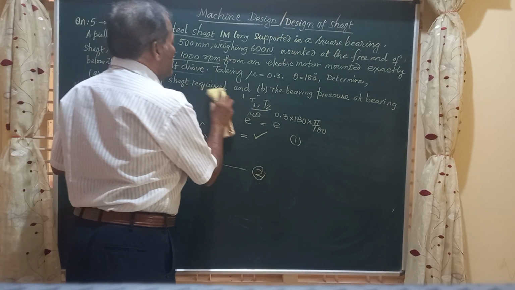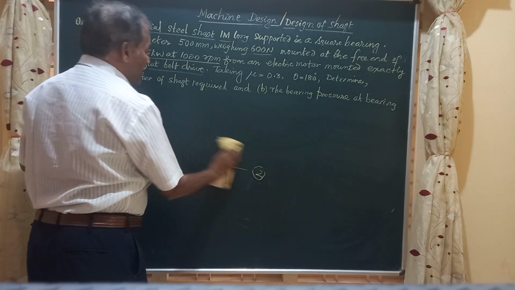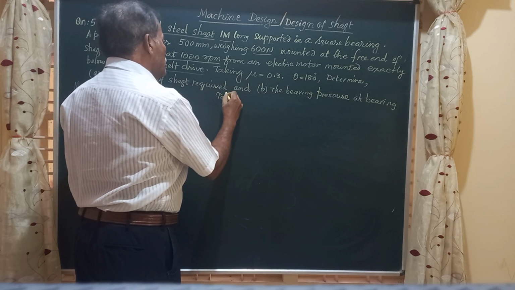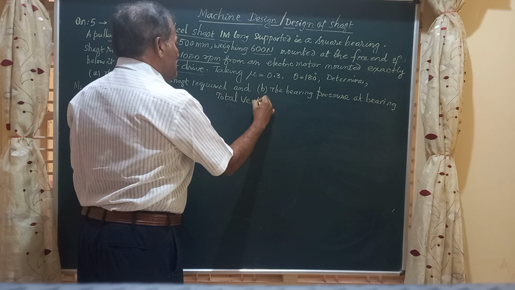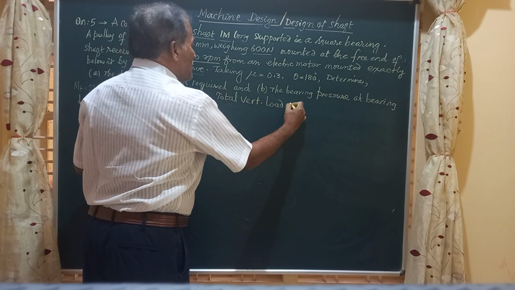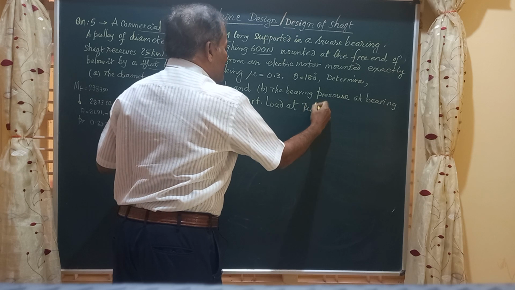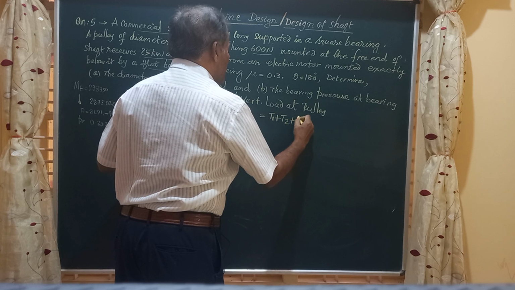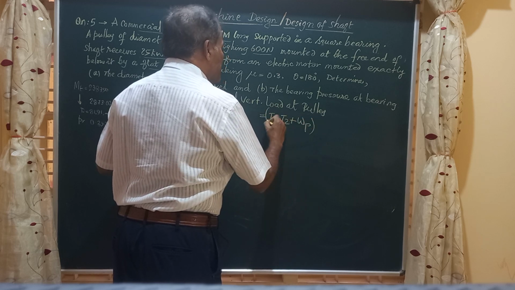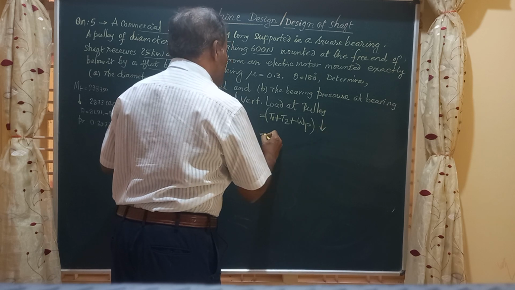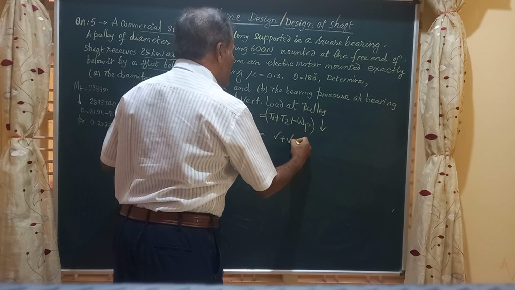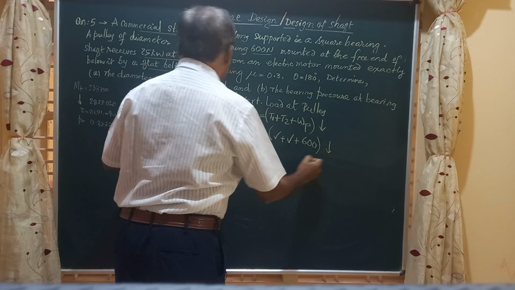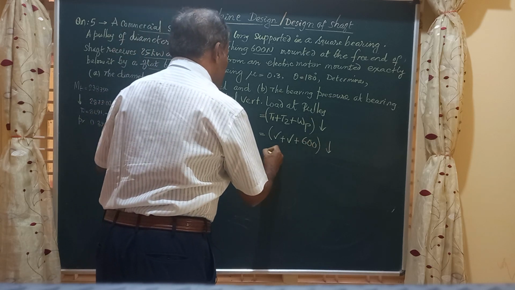So friends, once you have the values of T1 and T2, as I said before, we can write down here the total vertical load at the pulley or at the free end of the shaft is equal to T1 plus T2 plus WP, where WP is the weight of the pulley. So this is T1 we have calculated, we know T2, and the weight of the pulley is given to be 600 Newton in the question. So you will be able to get the total vertical load.